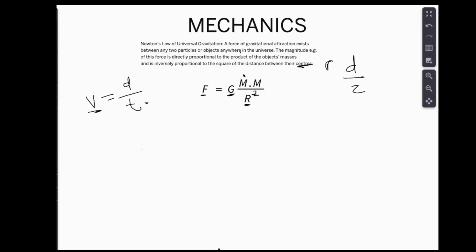You must practice making distance equal to speed multiplied by time, and then time is distance over speed. Okay? Formula manipulation is important when it comes to this aspect of the work.